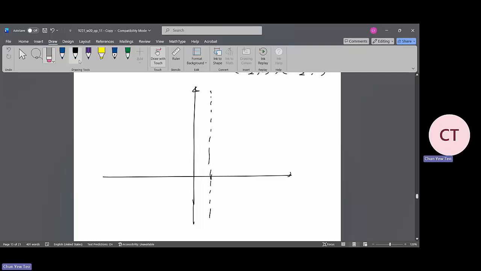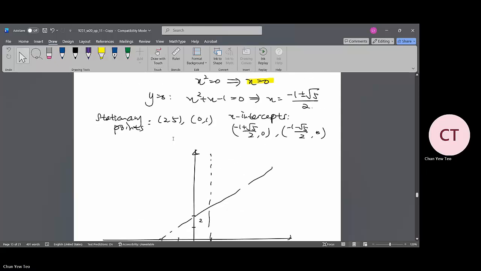Two is somewhere here. Then this is negative 2. Negative 1, negative 2. And you have the intercept x equal to 0. Just now, when x equal to 0, y is equal to 1.